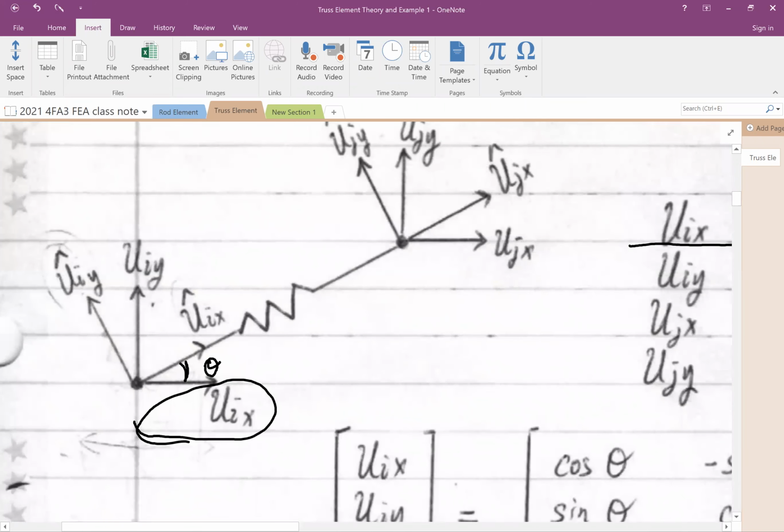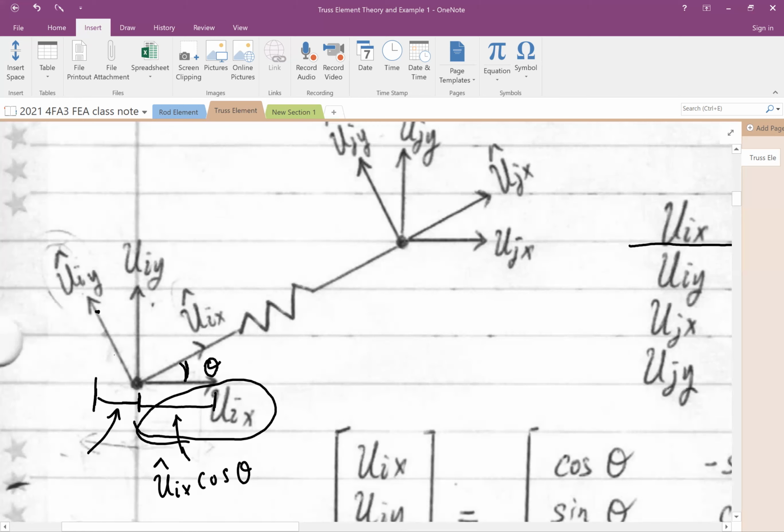UIX has two contributions: this portion and the movement. This term is UIX hat cosine theta, right? Now, what about this side?